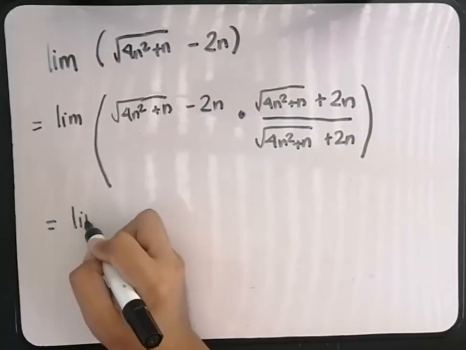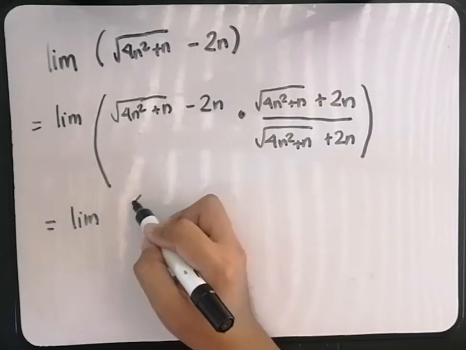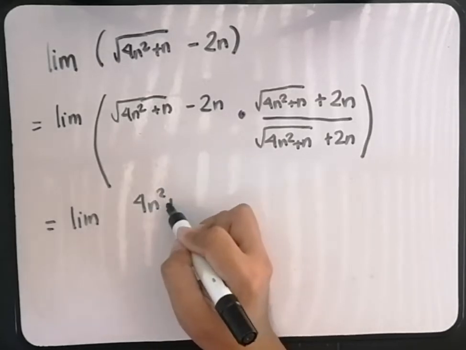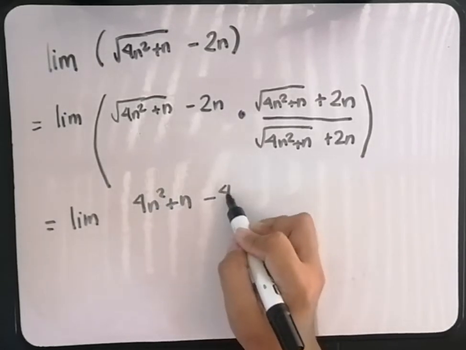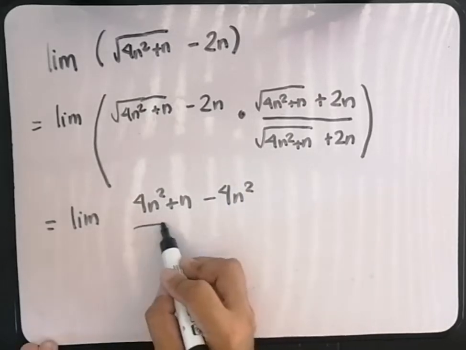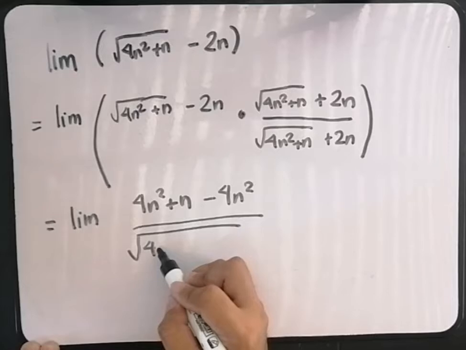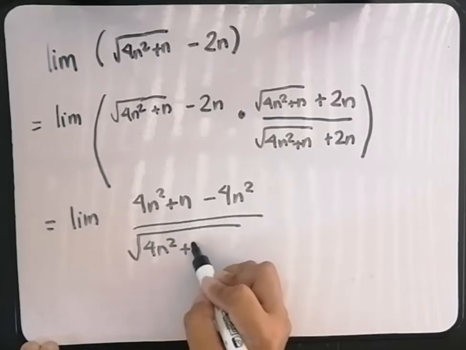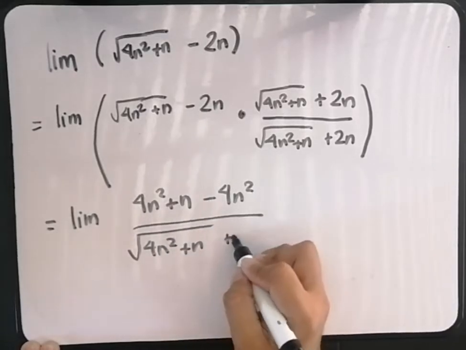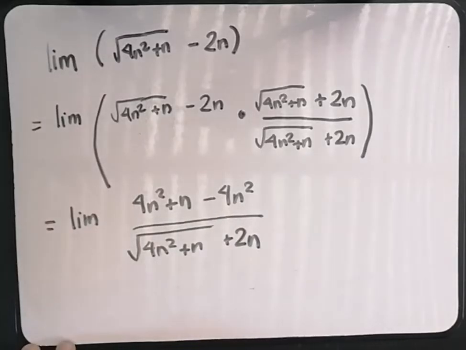This becomes now the limit of 4n squared plus n minus 4n squared divided by the square root of 4n squared plus n plus 2n.